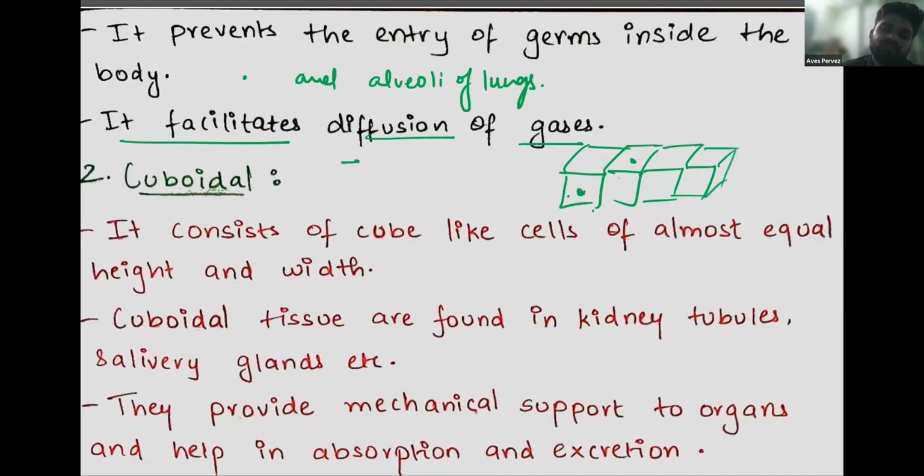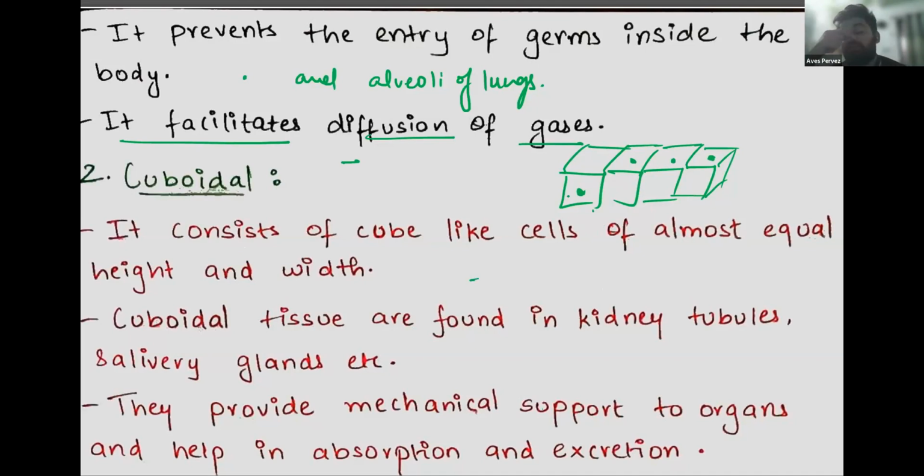These are the cuboidal cells, cube-like cells, almost equal in height and width, and this tissue is found in the kidney tissue.